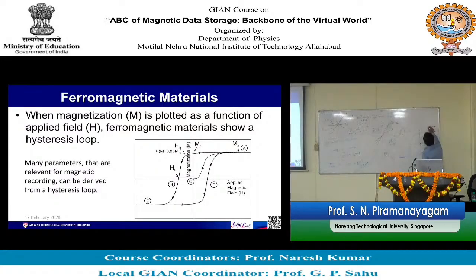Let us say this is your applied field, all the spins are completely parallel. This is when you will get the highest value of magnetization, and this is what we call saturation magnetization, or MS.